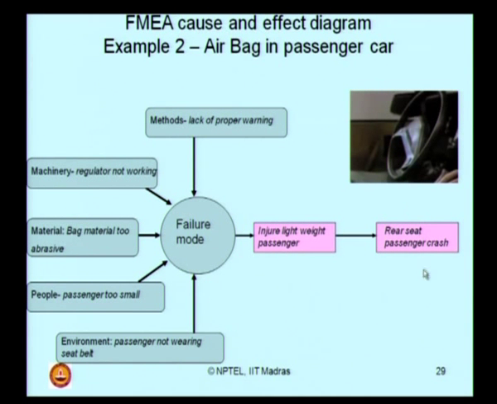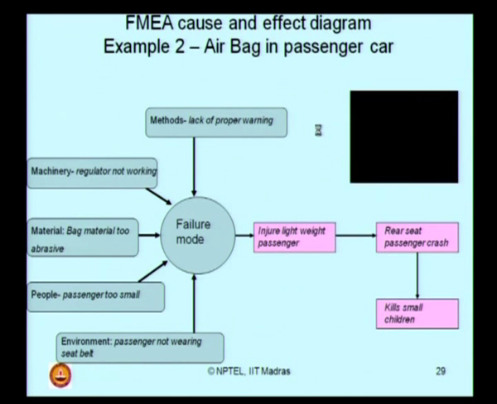The rear seat passenger can crash anyway, and if you have small children either driving or sitting at the back, it may possibly kill them. So what are all the effects of the failure modes analyzed? What we call the cause and effect diagram.